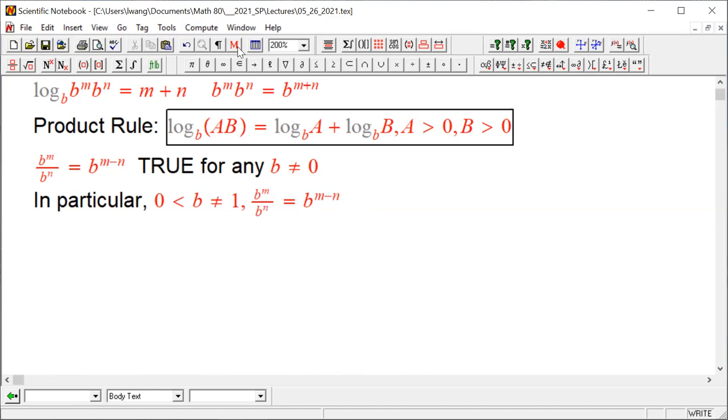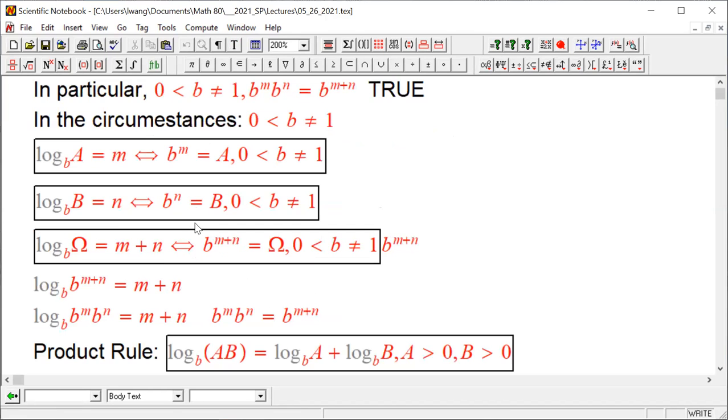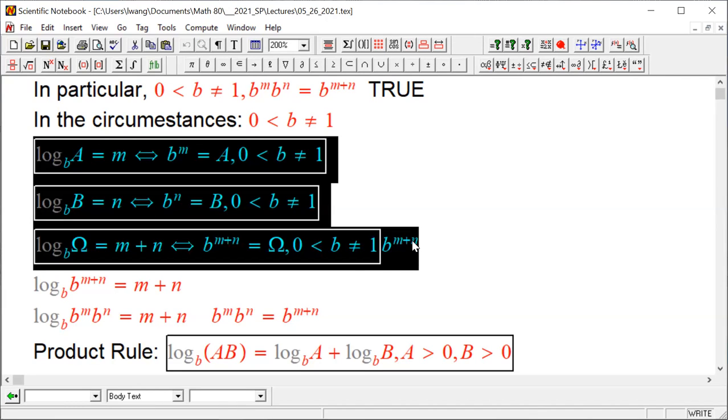From here, we're going to work it, but this time we set up, all of these are the same.